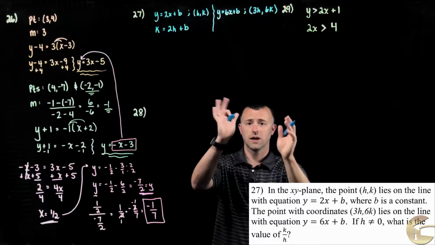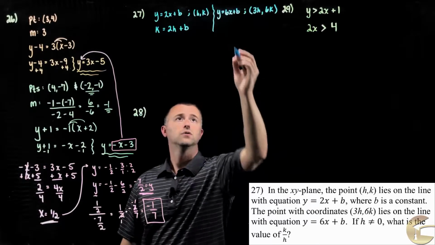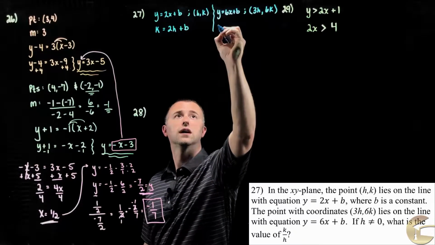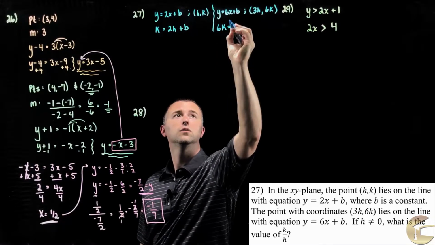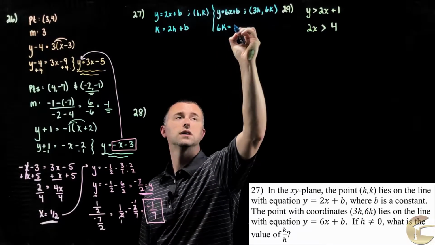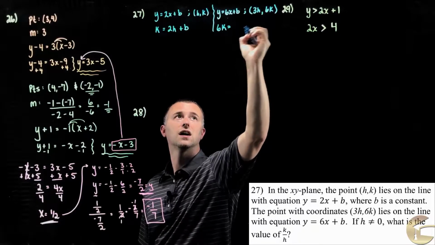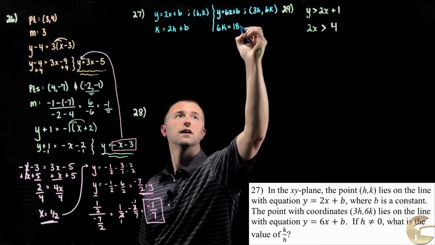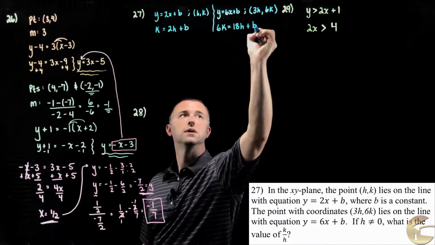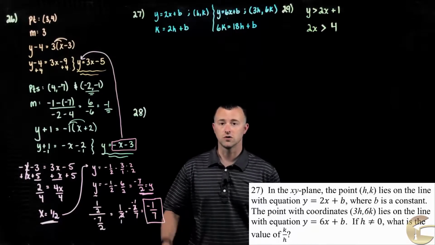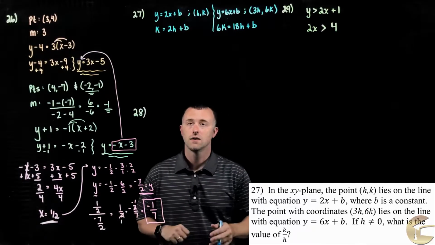I'm going to plug that in and see what happens. So here, y is 6k equals 6 times x, which is 6 times 3h. 6 times 3 is 18. So I have 18h plus b. Those are your two equations with those points plugged in for each one.